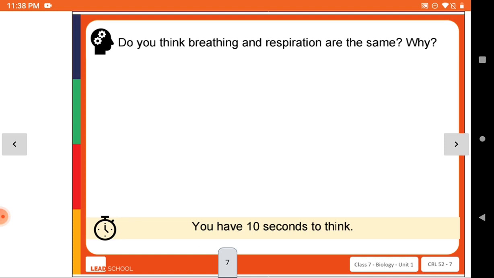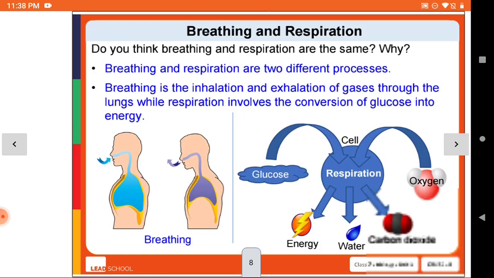Do you think breathing and respiration are the same, and why? Students, breathing and respiration are two different processes. Breathing is the inhaling and exhaling of gases through the lungs, while respiration involves the conversion of glucose into energy.